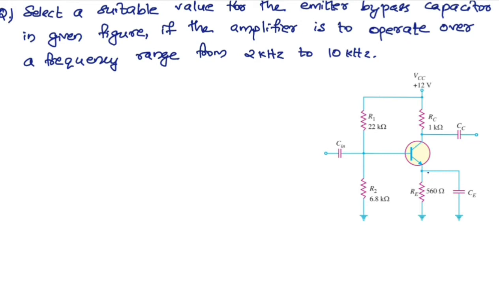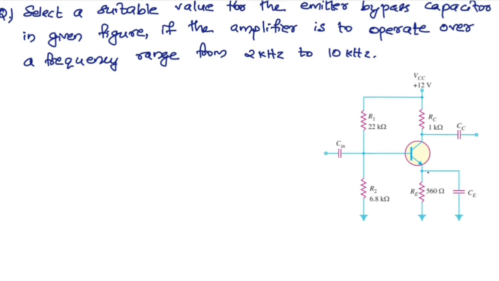The frequency range of the signal is 2 to 10 kilohertz. Usually an amplifier handles more than one frequency, so we have to select the emitter bypass capacitor CE in such a way that it provides biasing for the lowest of all the frequencies.